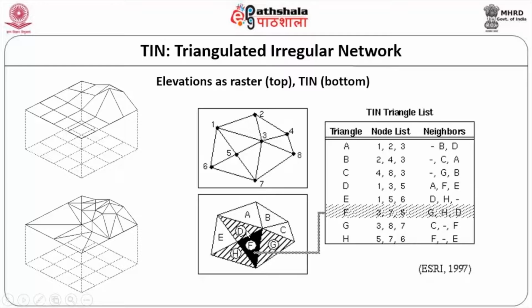B and D. Onto the left is your B, onto the right is D. Similarly, for B, onto the left is your C, onto the right is your A, and it is bound by 2, 4, 3 or 2, 3, 4, does not matter. So, this is how it goes. Each and every triangle is described with a node as the context. That is what I was telling you. TIN is more of a raster plus vector data.